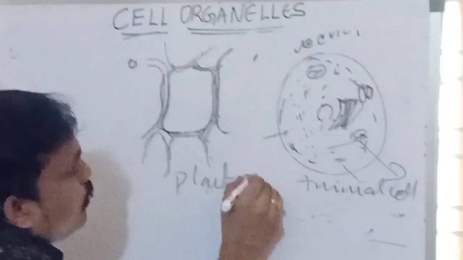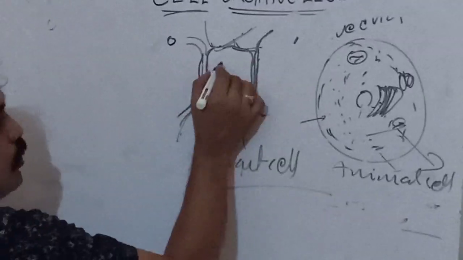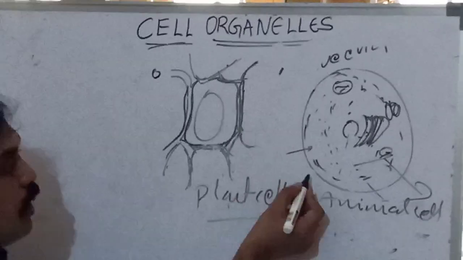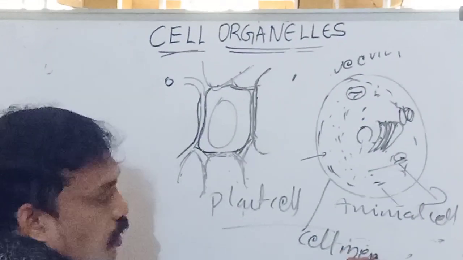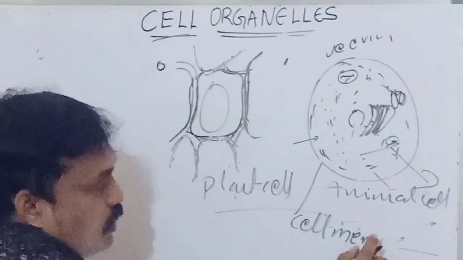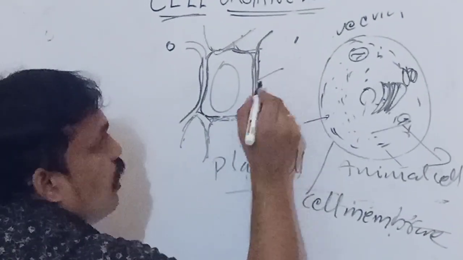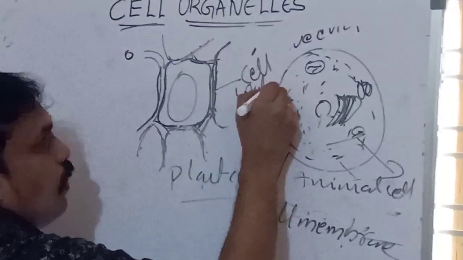We already learnt about the differences between plant cell and animal cell. Now we have to discuss the outer covering layer of each. The outer covering layer of the animal cell is called the cell membrane or plasma membrane. The outer covering layer of the plant cell is called the cell wall.